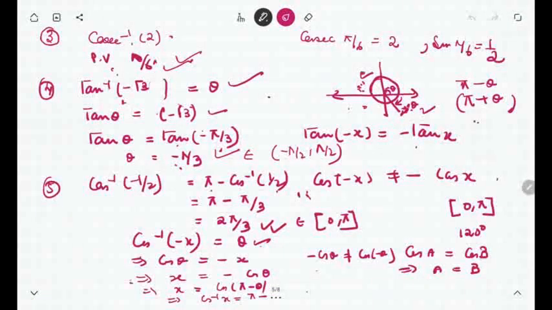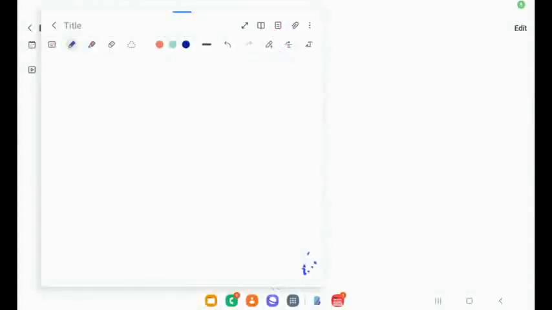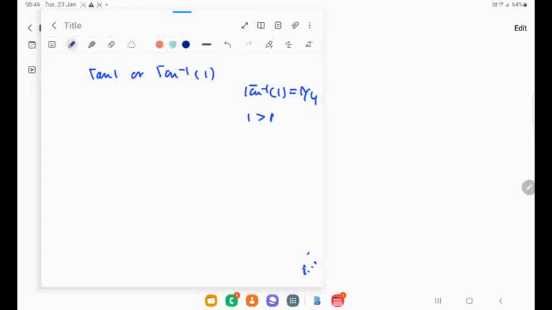So that's the end of the NCERT questions. Now a few more questions I would like to discuss. We have a very interesting question: which is greater, tan 1 or tan inverse 1? Now, tan inverse 1 equals pi by 4. 1 is greater than pi by 4.